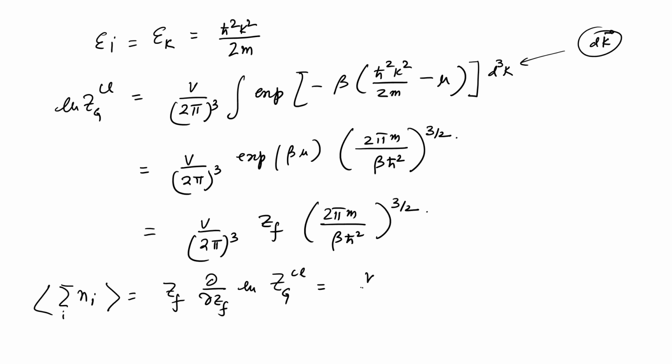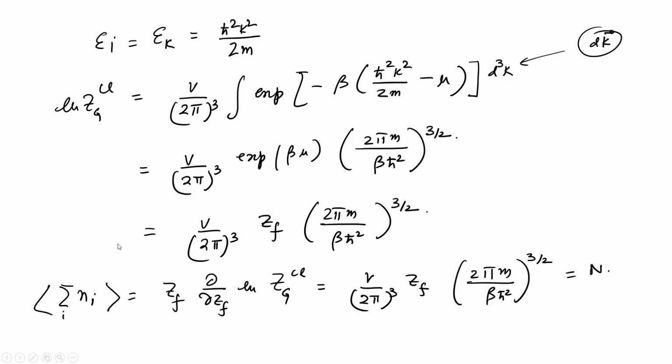For this we have V by (2 pi) whole cube and zf (2 pi m by beta h cross square) whole to the power 3 by 2, and that should be equal to the total n. Okay. We have taken the average number of particles and summed over all the energy states, and we know that the total number of particles will have to be n. So, this is equal to n.